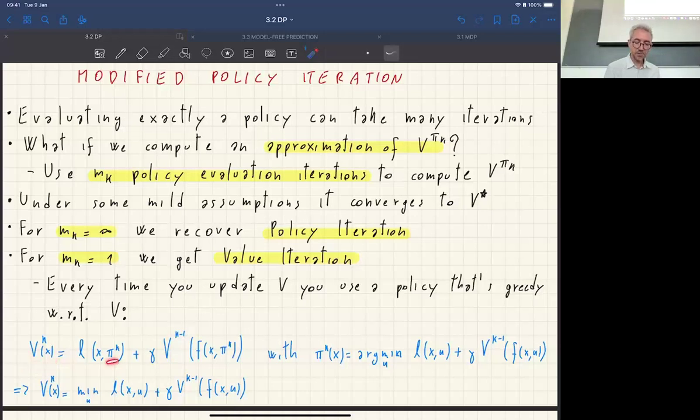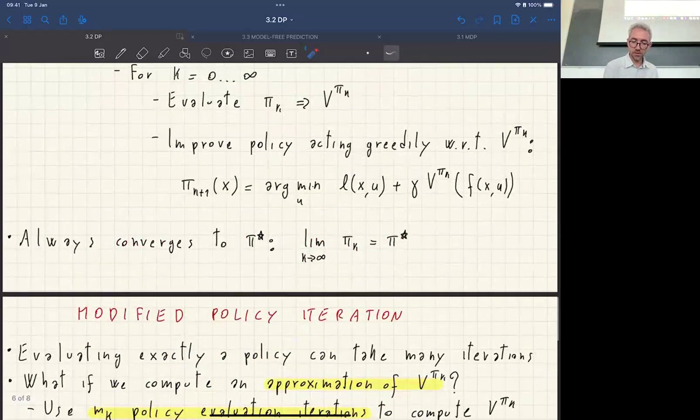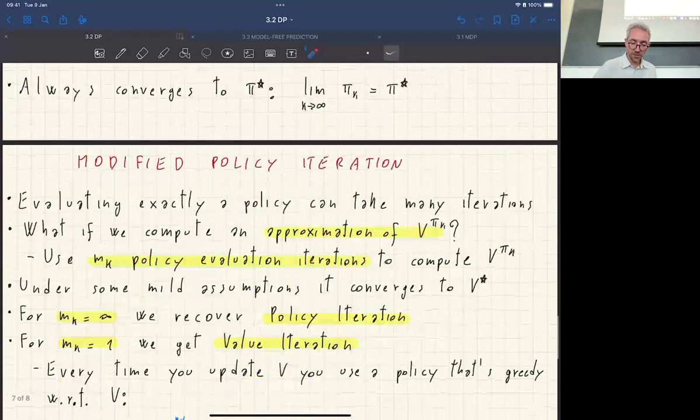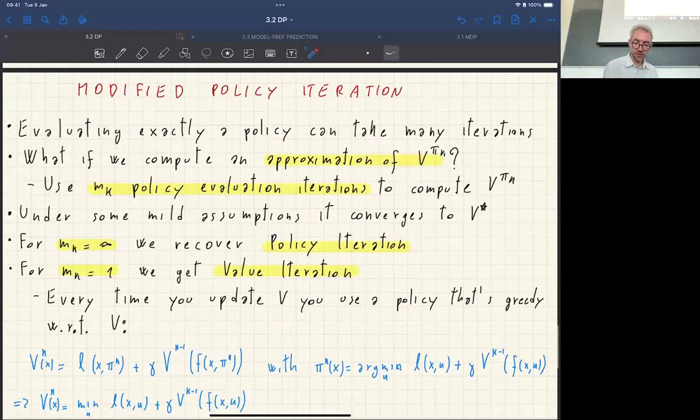And the policy that you're using for doing this step is the policy that you optimized, that you improved at the previous iteration, which is this one. And if we just write it with a shift of index to k to match the index we are using here, then pi_k is the argmin of the cost plus gamma times the previous guess of the value, v_{k-1}.